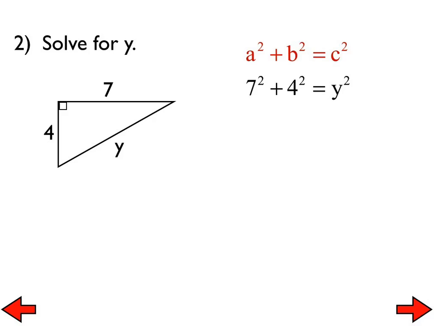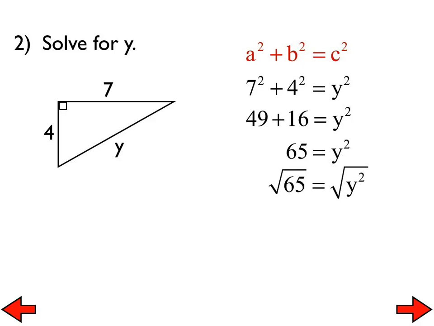So we have something like this. 7 squared is 49. 4 squared is 16. Add those two together. Take the square root of both sides, and we end up with the square root of 65. Typically, if we have a radical that can be simplified, we should simplify it. However, square root of 65 is already simplified.